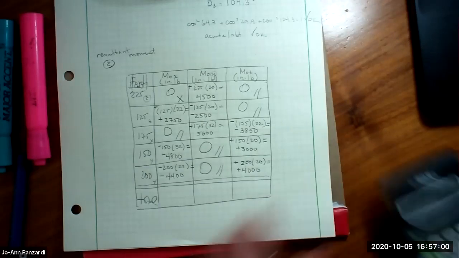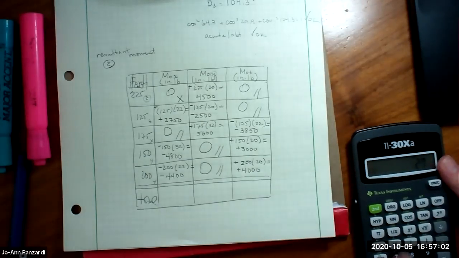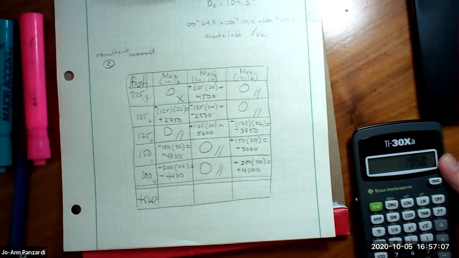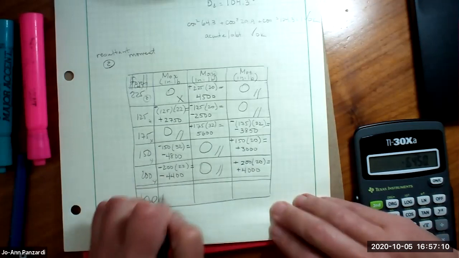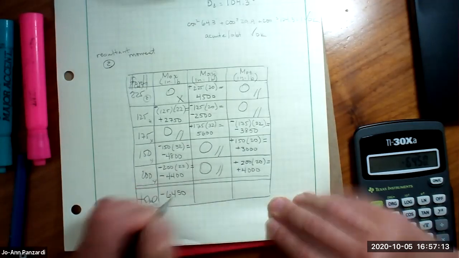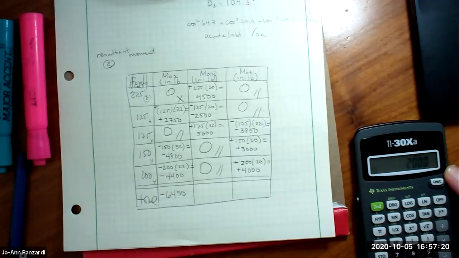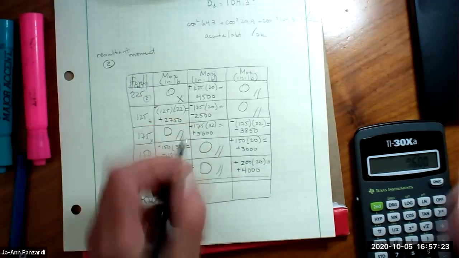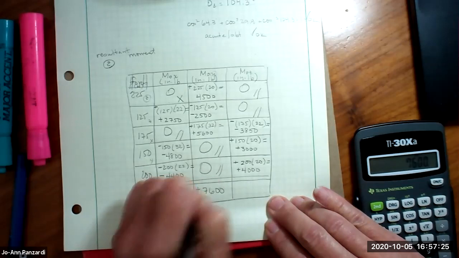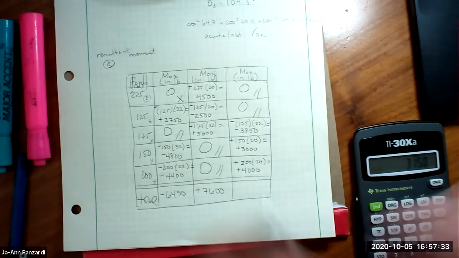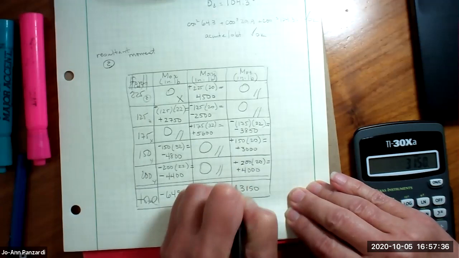Okay, this is a long problem. 2750 plus 4800 minus 4400 is negative 6450. 4500 minus 2500 plus 5600 is 7600. 3850 minus plus 7,000 gives 3150.